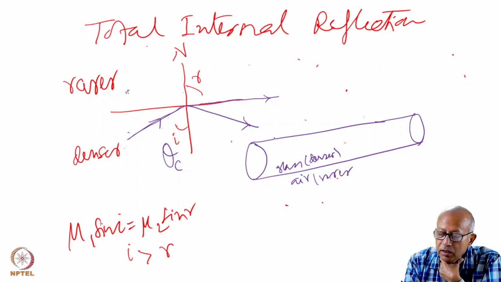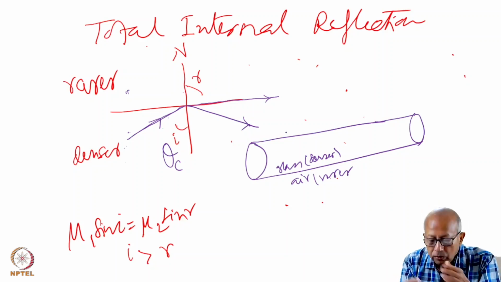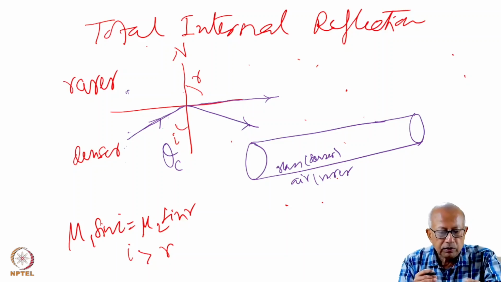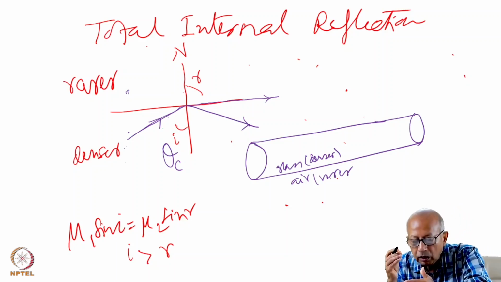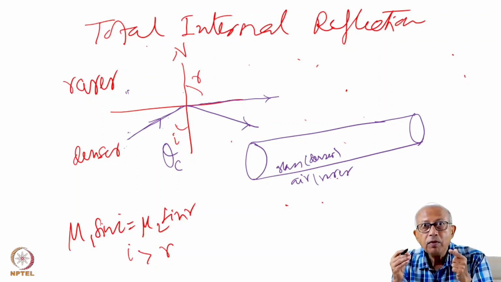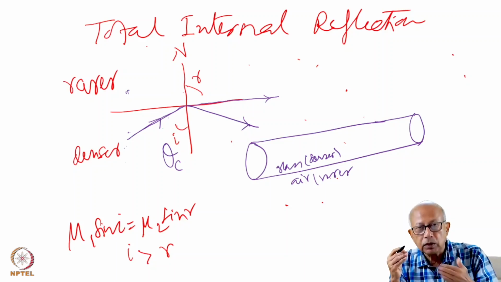So in this interface, if light falls, then after refraction, the angle of refraction will become more. So it qualifies this. Total internal reflection can occur on this glass to air interface if light is falling on the interface from glass, from the side of glass.